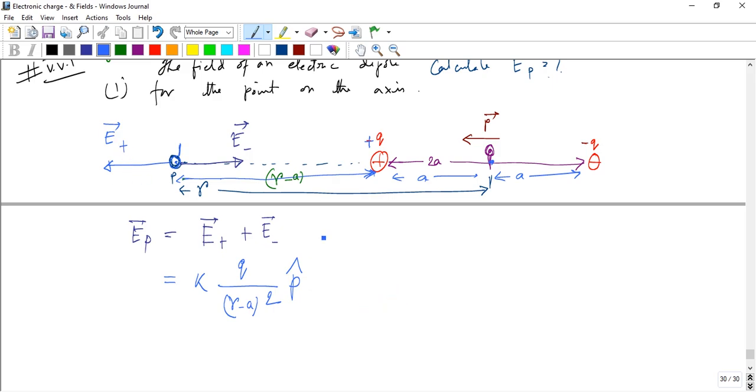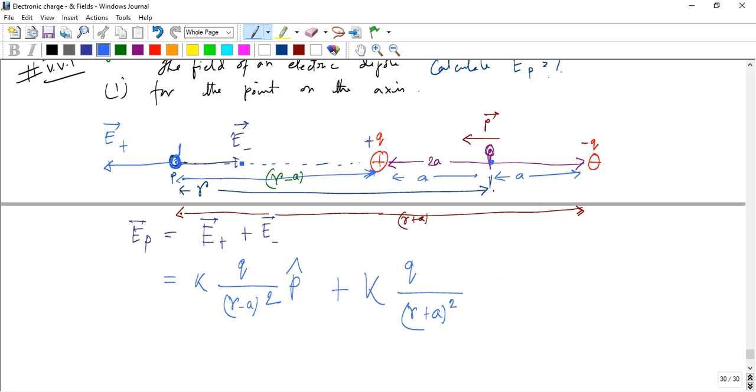And then E minus, K Q modulus value by the distance squared, for the field at point P with respect to minus Q. The distance from P to the dipole center is R, and the extra is A, so that distance is R plus A, squared.